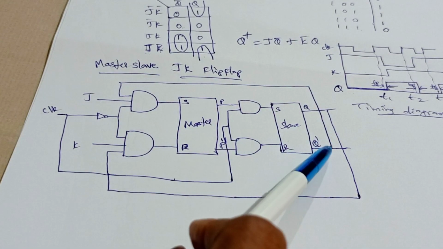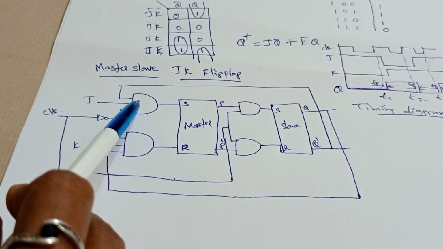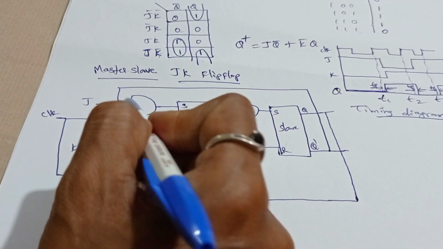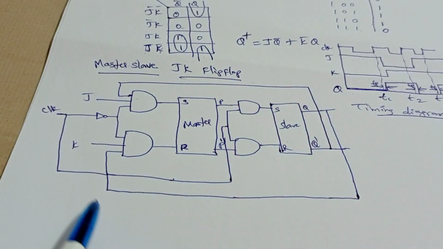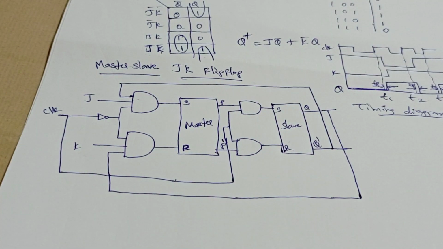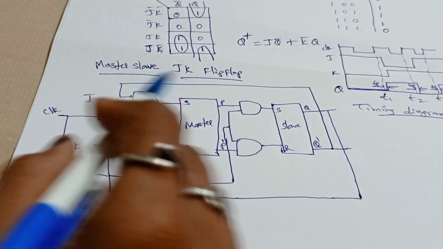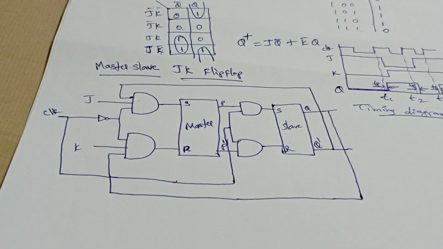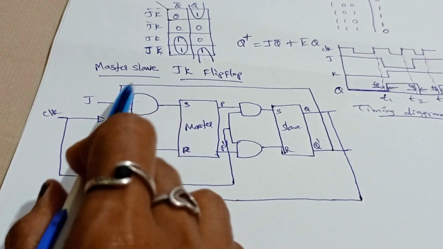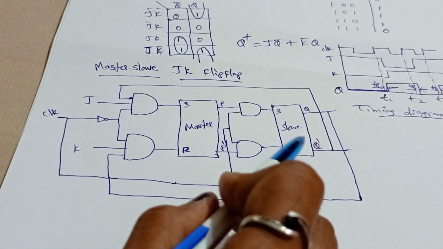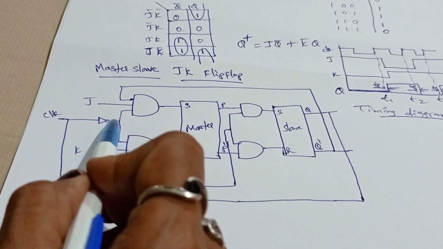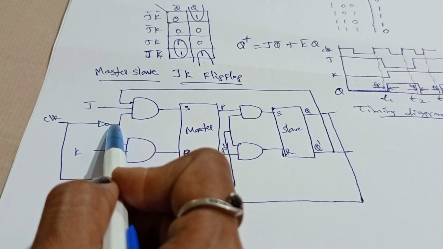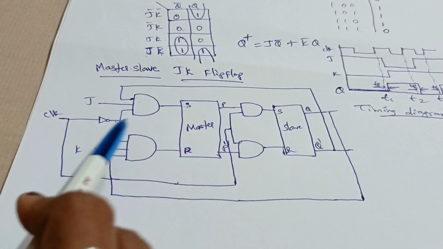Here Q bar is feeding back to the input of the first AND gate, same as here Q is for K. Q bar for J and Q for K. Because S is equal to J, Q bar and clock, that is inverted clock value, because here it is used with a NOT gate.